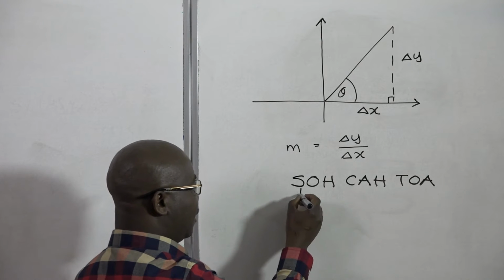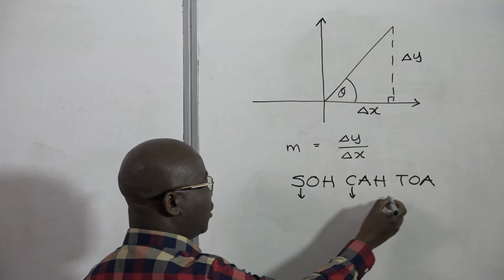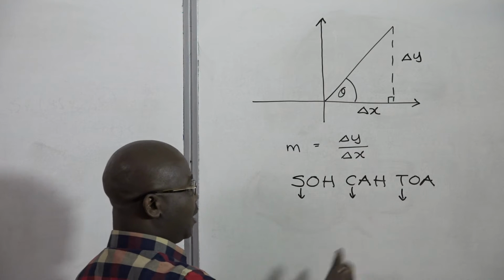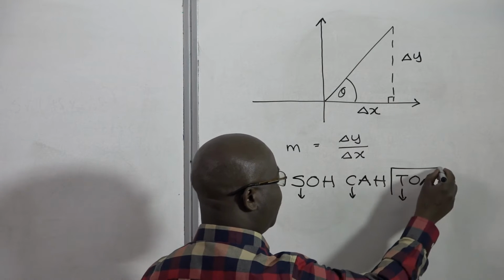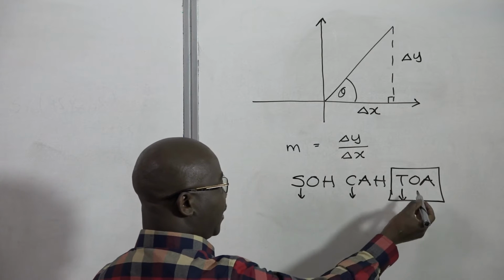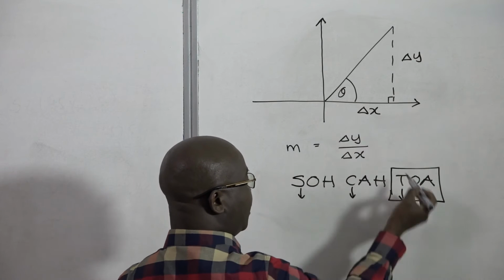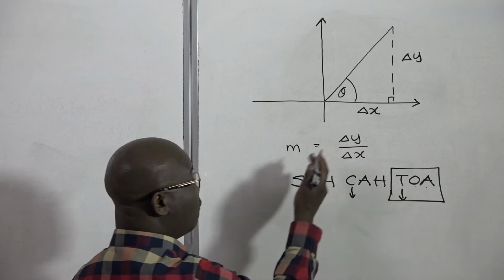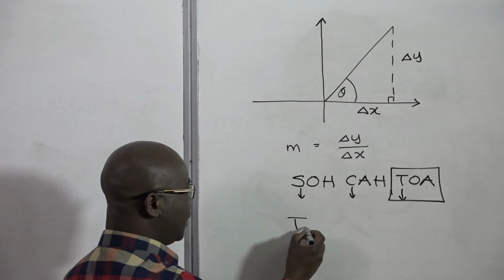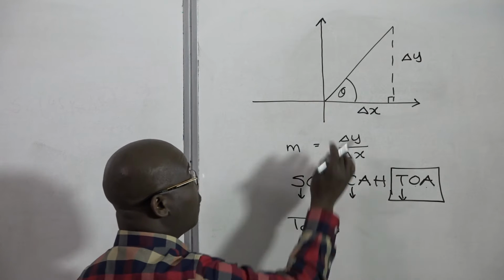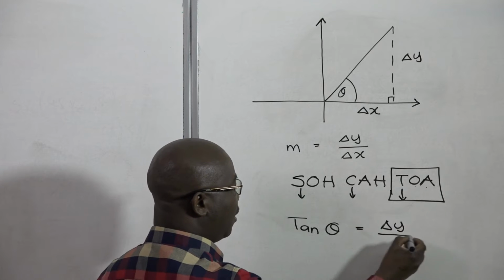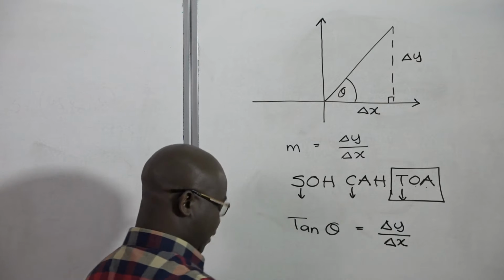This is the sine ratio, this is the cosine ratio, this is the tangent ratio. From these ratios, the tangent ratio is the one that involves the opposite side and the adjacent side. So the tangent of theta is equal to change in y over change in x.